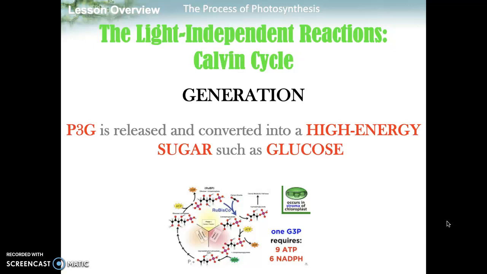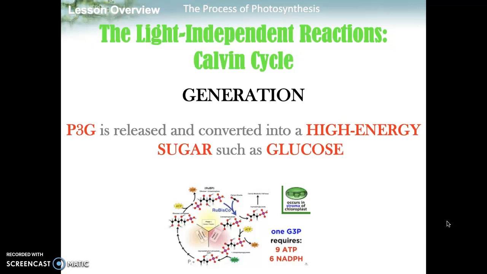Okay, so again, to go through the process, we need carbon dioxide, water, and sunlight. From that carbon dioxide, water, and sunlight, we will produce a glucose molecule and oxygen gas, or the plants will produce some oxygen gas.